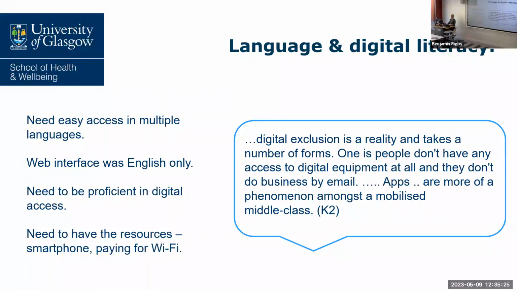And again, someone who worked very much with homeless populations said, digital exclusion is a reality and takes a number of forms. One is that they don't have access to digital equipment and they don't do business by email, and had the view that apps were really a phenomenon among a mobilised middle class.